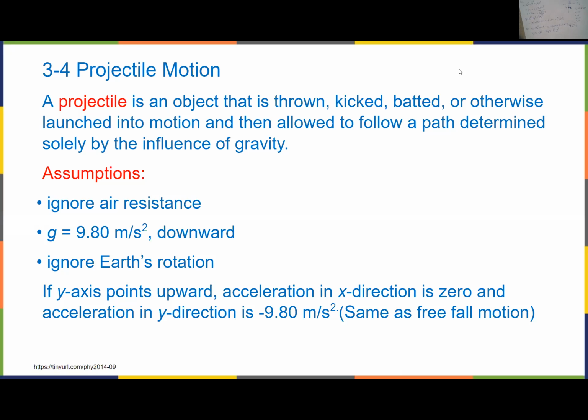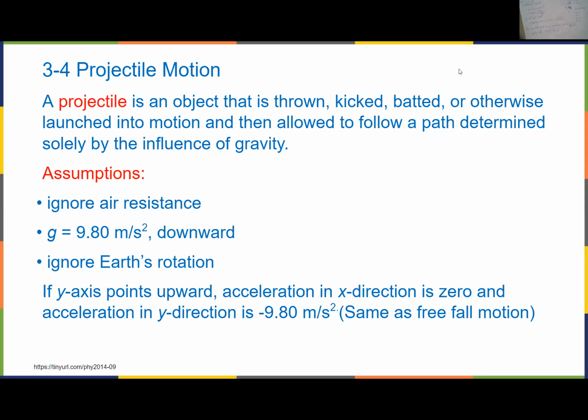Now, in this case, because we expand the motion into two dimensions, you can imagine that if an object is not thrown straight upward or downward, in general, you throw an object out in the two-dimensional X and Y plane. Okay, so what happens? If the object is being thrown, say, at an angle with the horizontal, okay, so then what happens? This type of motion is called projectile motion.